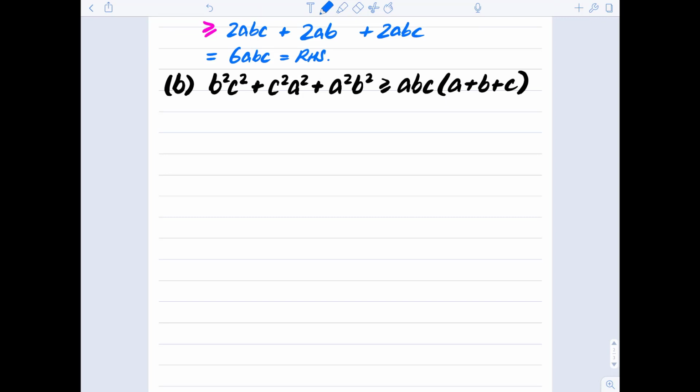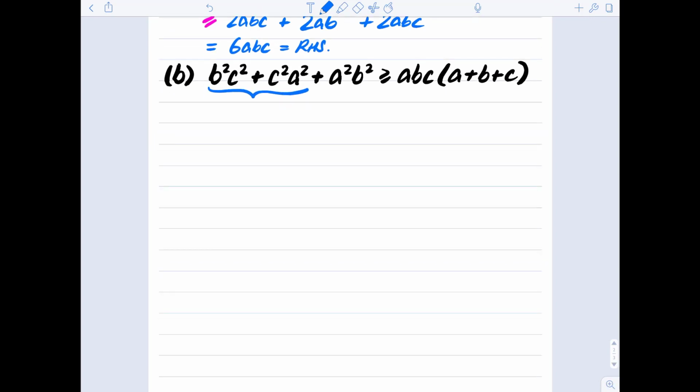But I hope we all remember the trick with these sorts of things, the three squares added together idea, right? Instead of looking at 3, we look at 2 at a time, 2 at a time, and 2 at a time. And if we look at each 2 at a time, hopefully when we add them together and divide by 2, everything works out. I hope it works. Let's have a try. First, let's look at the first pair.